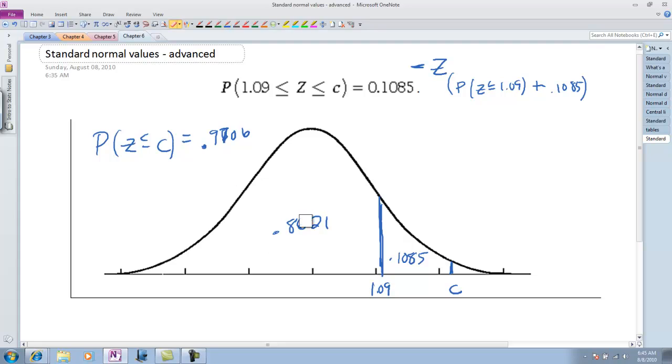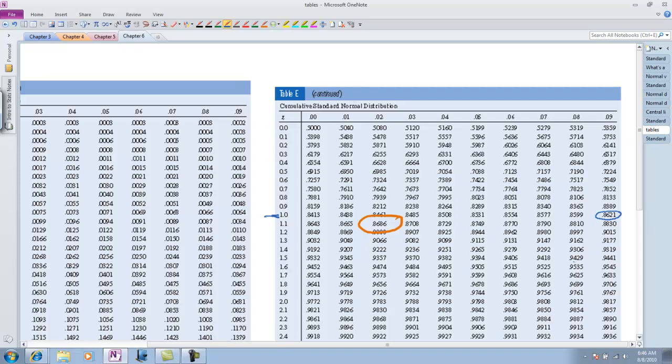Okay, I'm going to erase real quick because now we've added these together, and we now know that up to this line right here is 0.9706. So we go to our chart and try to find 97.06, which isn't hard. It's right here, in the 9 column and in the 1.8 row. So it's 1.89 is our answer.